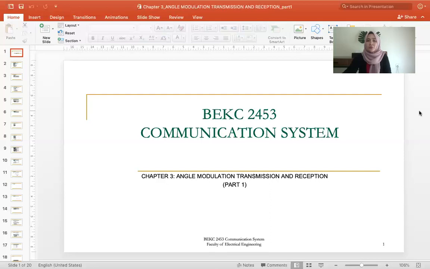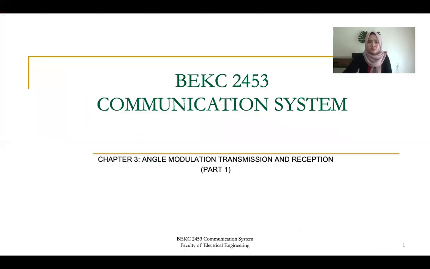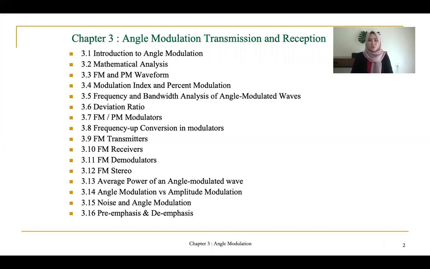Okay, for angle modulation, it can be further divided into two, which is frequency modulation and phase modulation. I will explain this further later on. So today we will cover chapter 3, part 1. These are the sub-chapters for chapter 3.